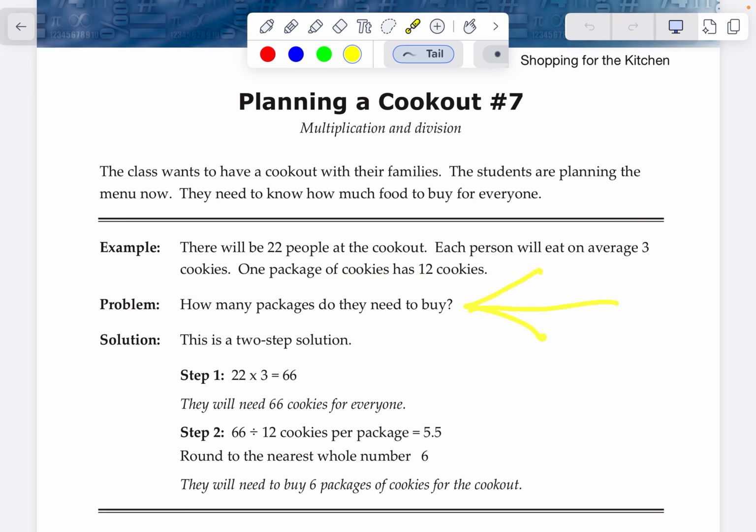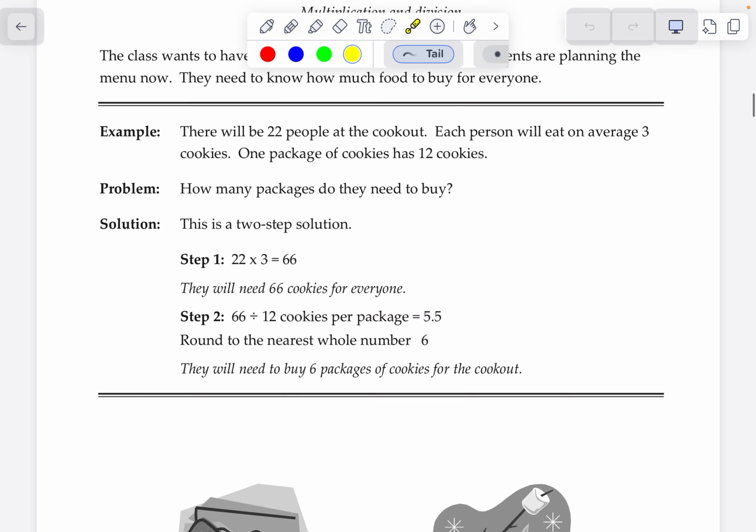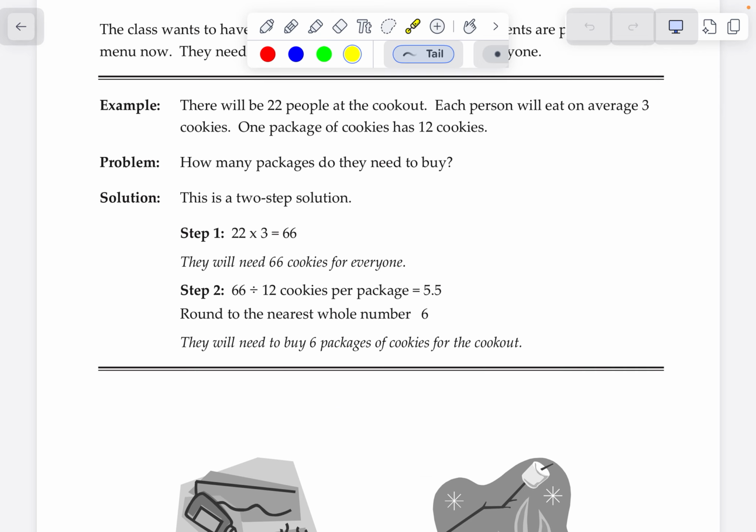Well, the first thing you need to do is find out how many cookies are going to be eaten. If there are 22 people and they each eat on average 3, just do 22 times 3. Find that total. Now, you need 66 cookies. You can't break the packages up. So here's the thing.